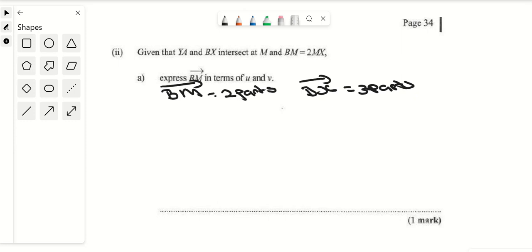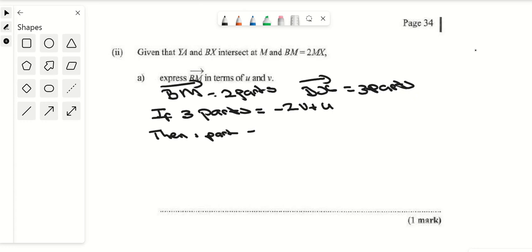So if 3 paths is equal to minus 2v plus u, then 1 path is equal to minus 2v plus u, all divided by 3. And therefore, we want to find out what 2 paths is, because BM is 2 paths.